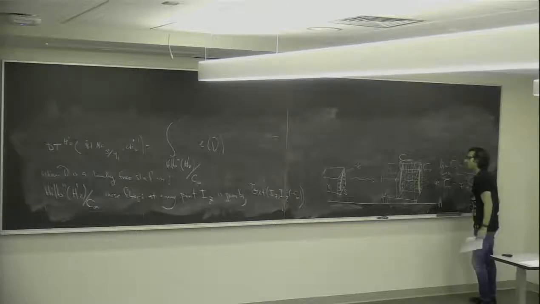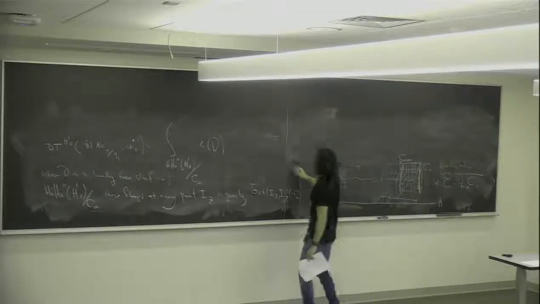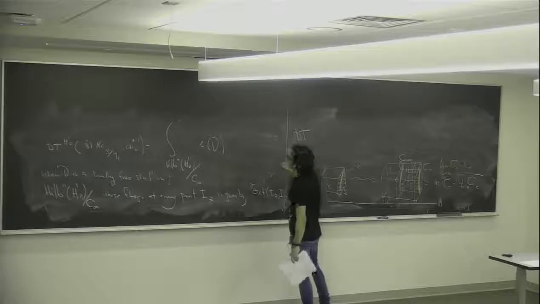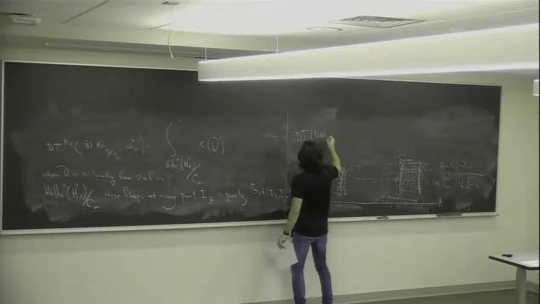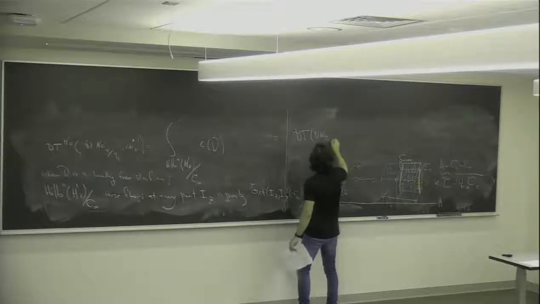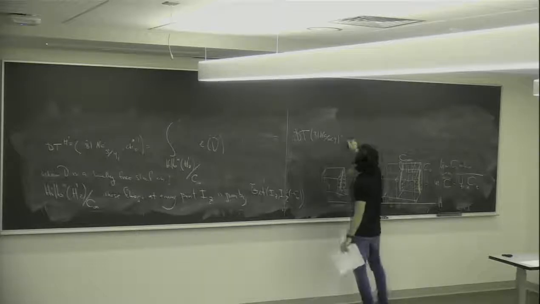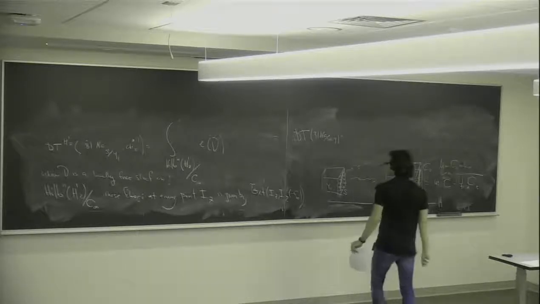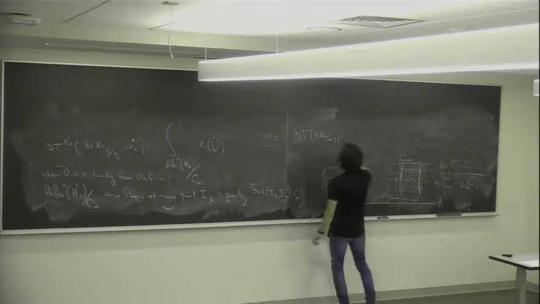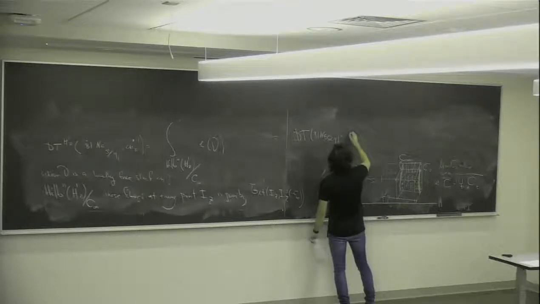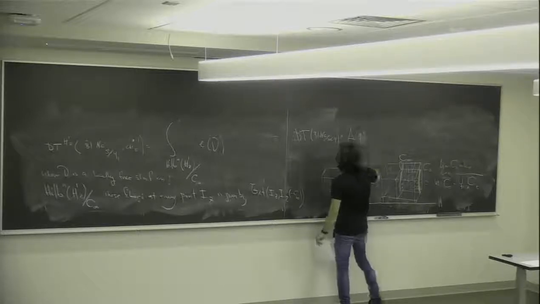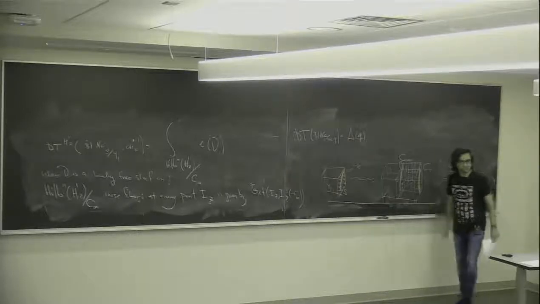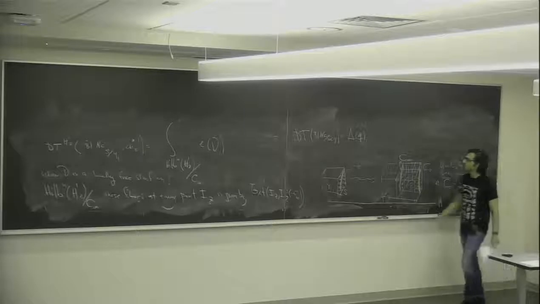So we calculated the DT generating series on this blow-up of the normal cone of S inside Y, and it became something like some eta function of Q, this time to some different power.